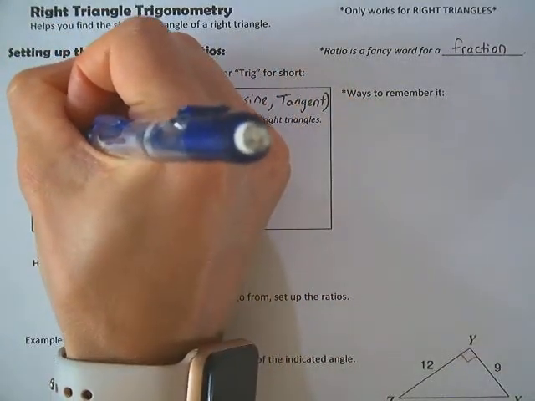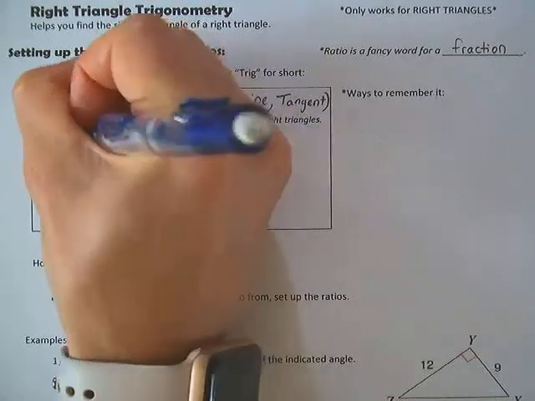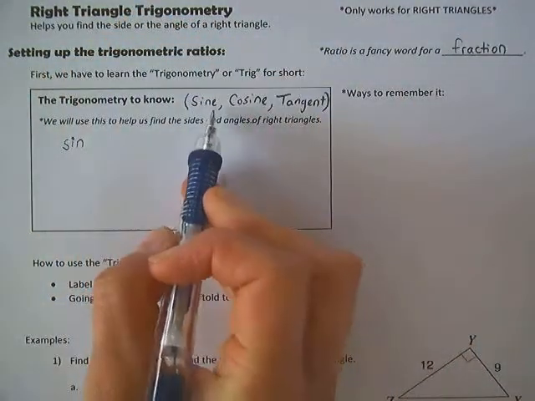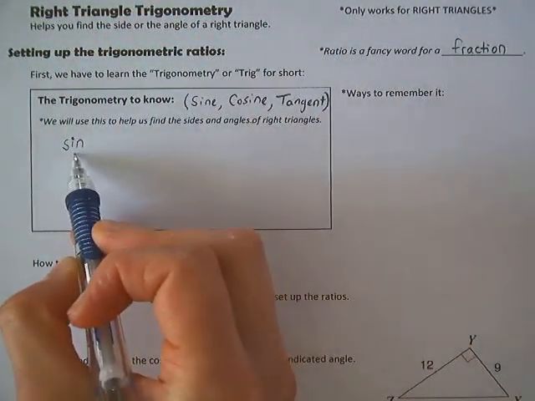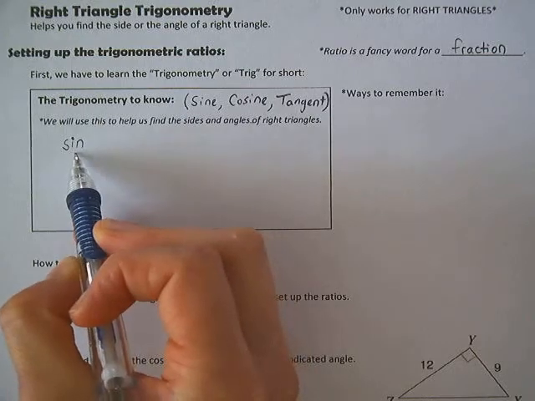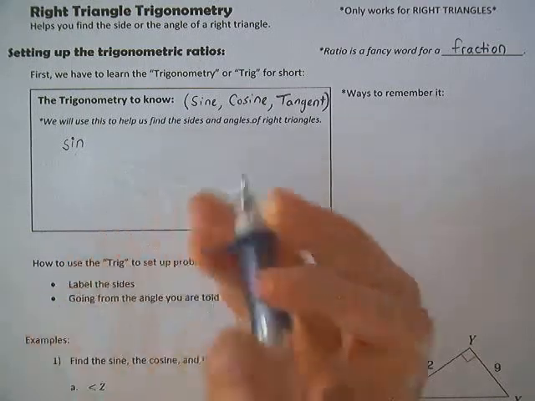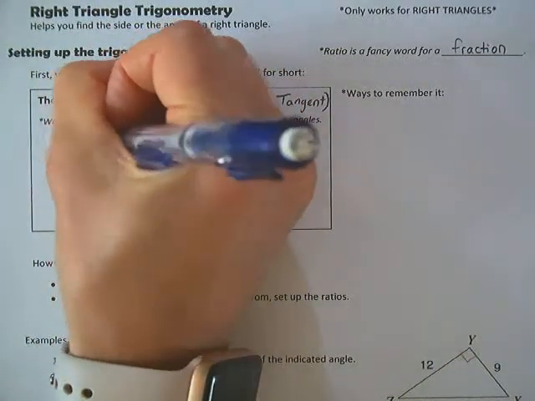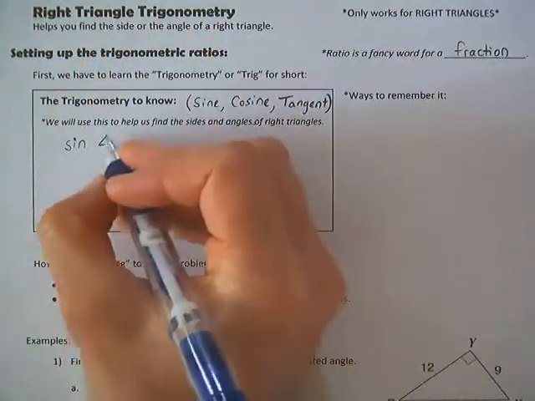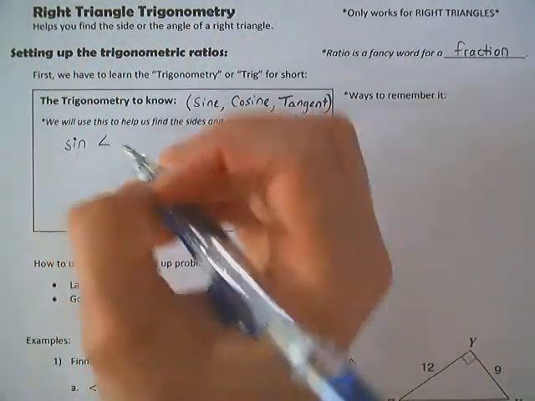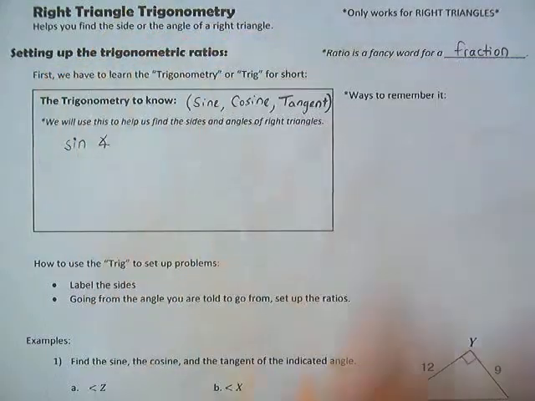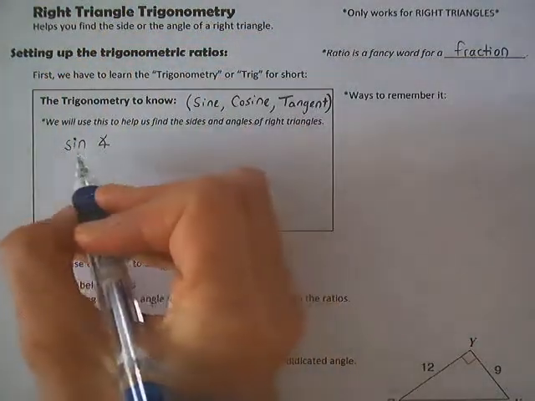First off, when you set up the problem, we usually shorten the words. So the sine, when you take the sine of the angle that you are standing at, the symbol for angle is a little angle thing, and sometimes you'll see them put a little arch in it, but this means angle.